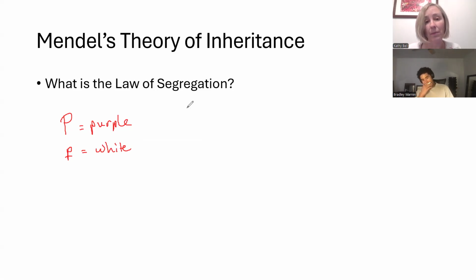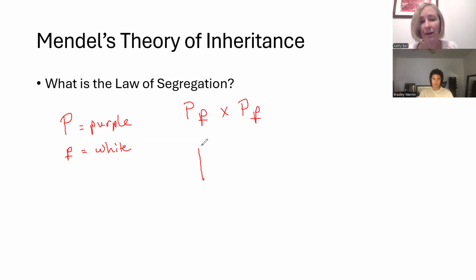And let's say that our two parents are heterozygotes. So let's figure out what our offspring would be.